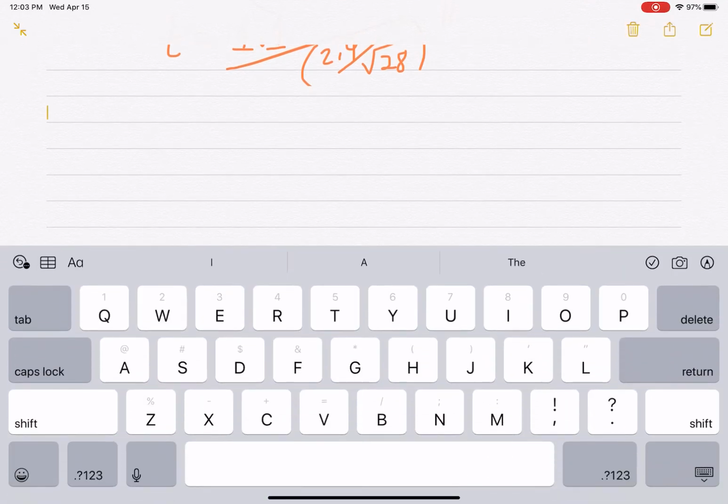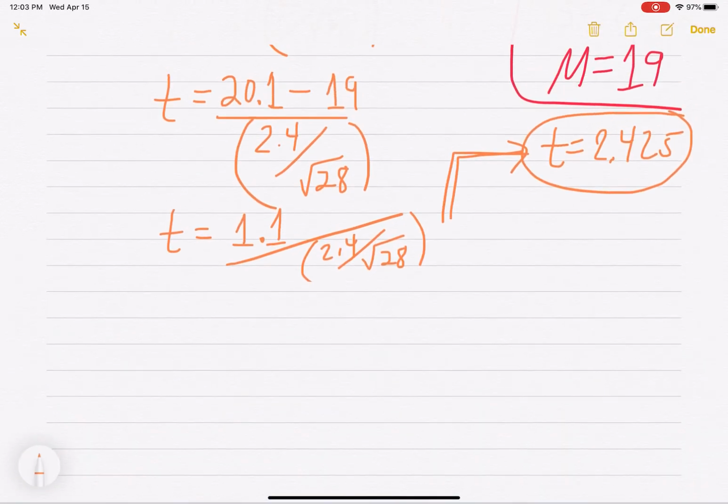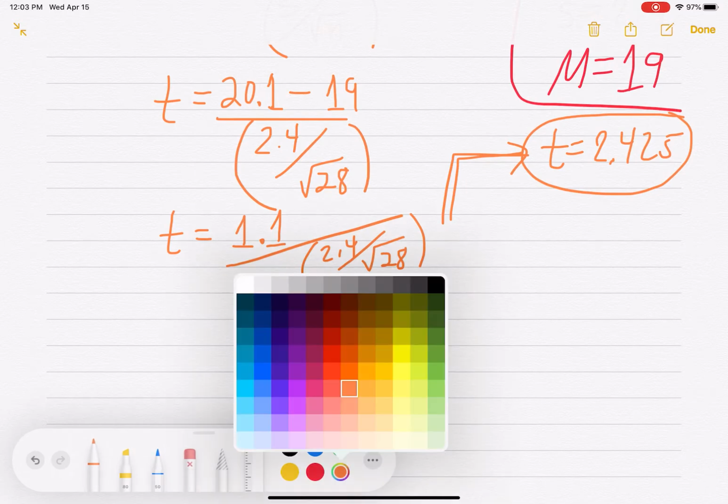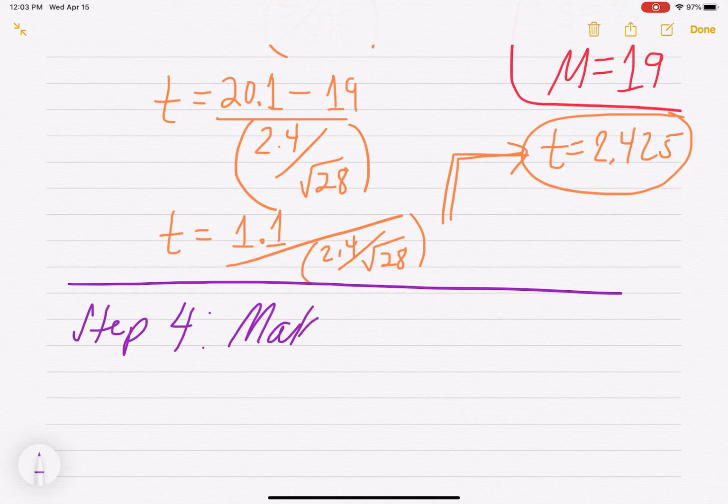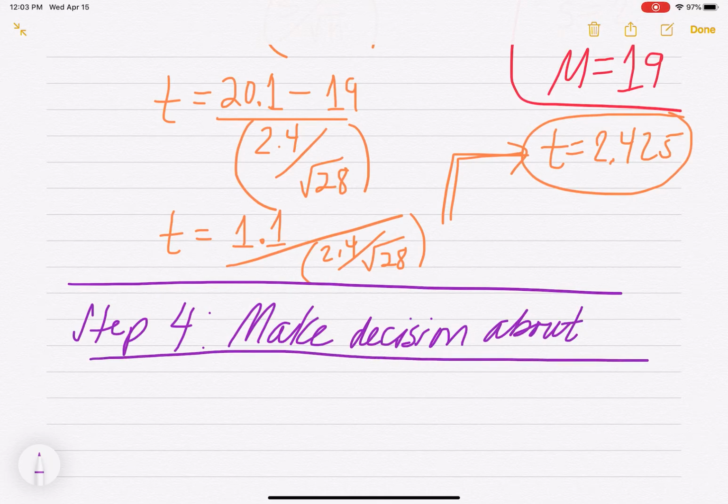So step 4: make a decision about the null hypothesis. H0 is the null hypothesis, right?